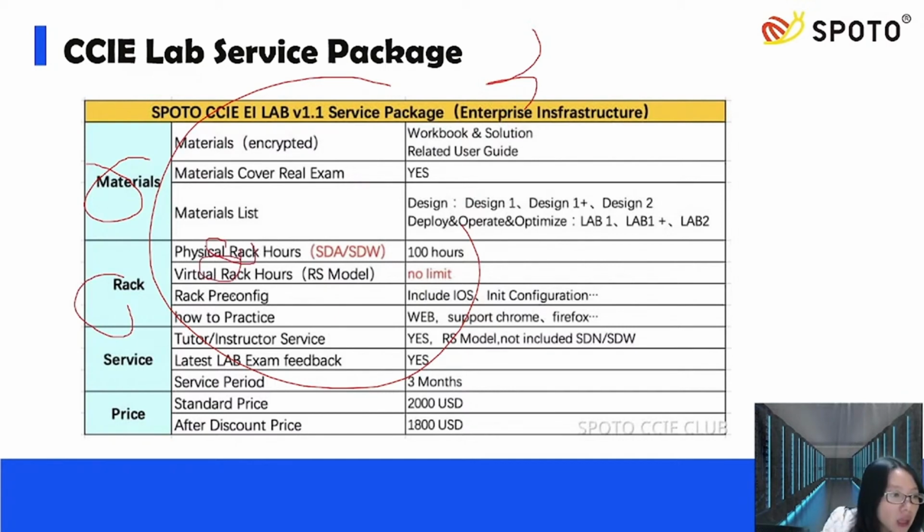You must know the virtual rack is used to practice routing and switching, but other vendors don't provide virtual racks for routing and switching. They require you to install EVE-NG. But at SPOTO, we will provide virtual racks for you to practice routing switching anytime, anywhere. So it's very convenient to practice routing and switching.